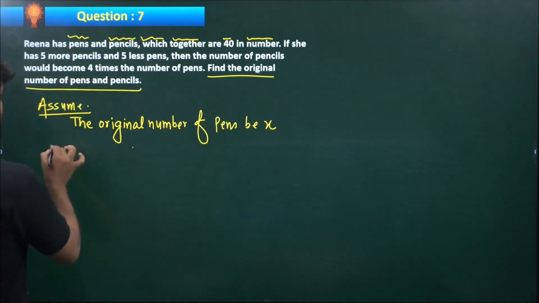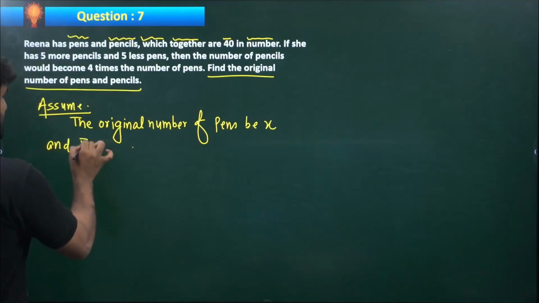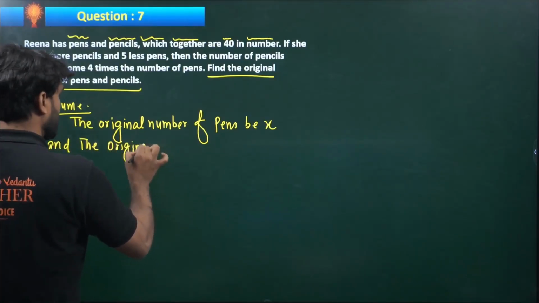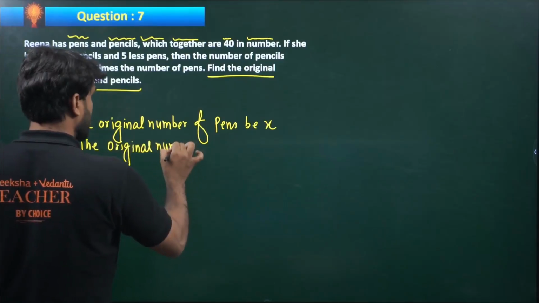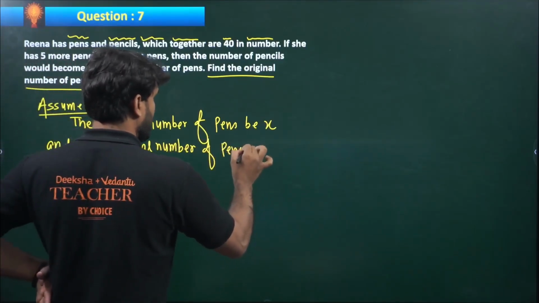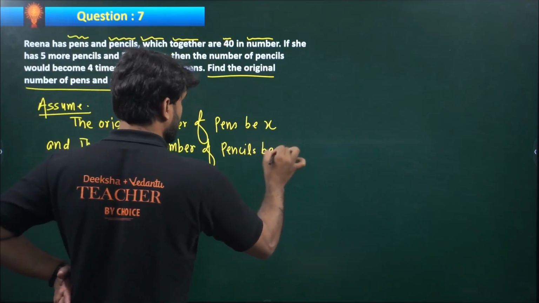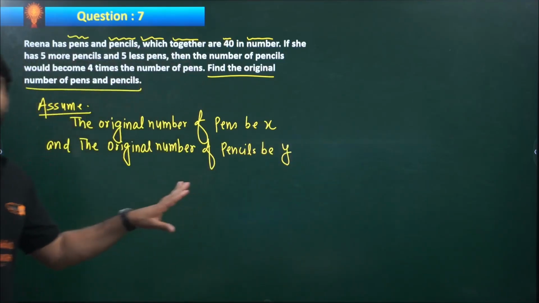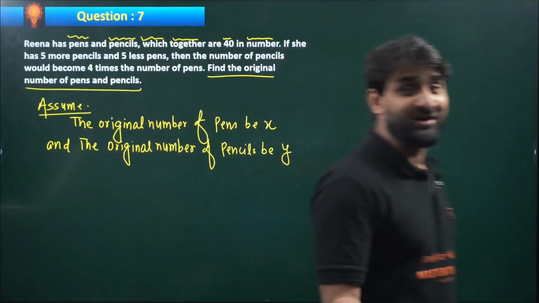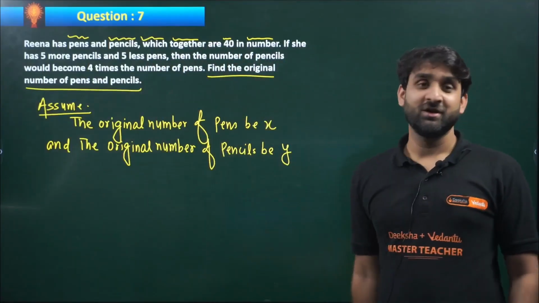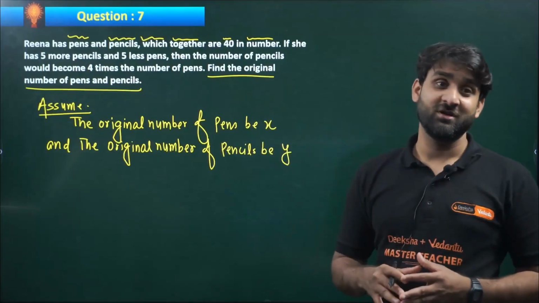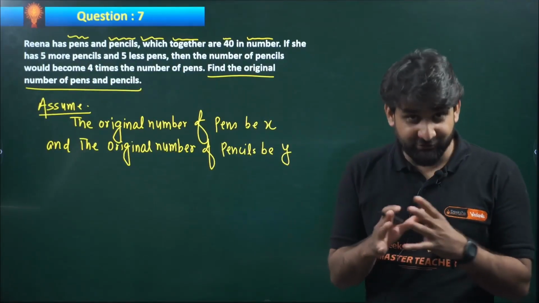And the original number of pencils be y. Clear everyone? Now read the question carefully. Once you have assumed the unknown values, my dear champions, you all can form the equation. Now you need to read the question carefully because you have assumed.